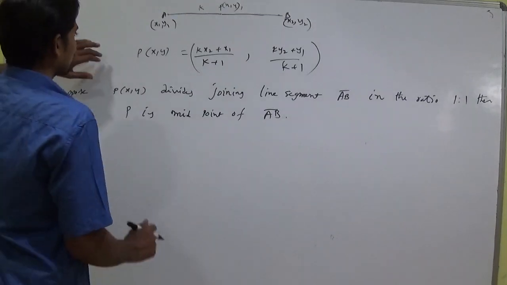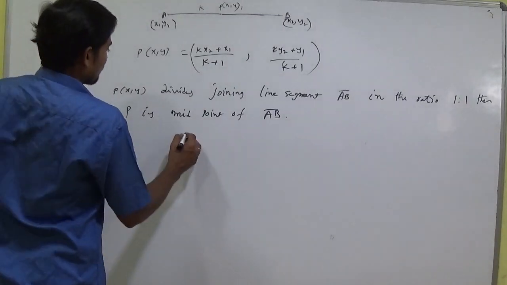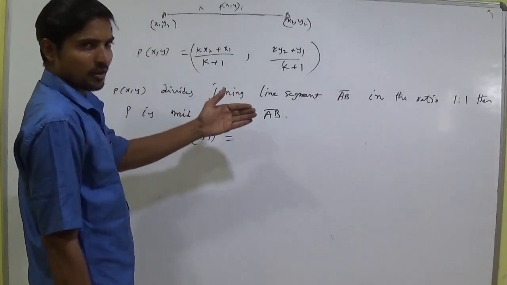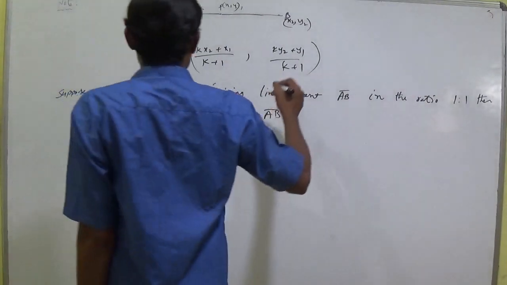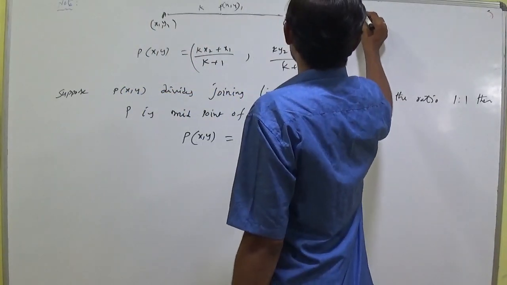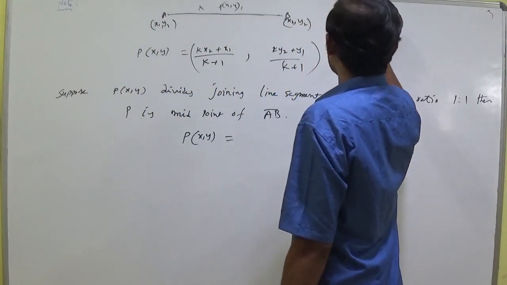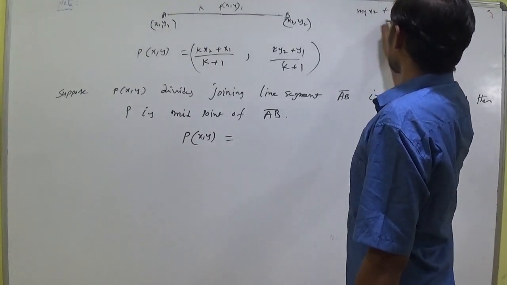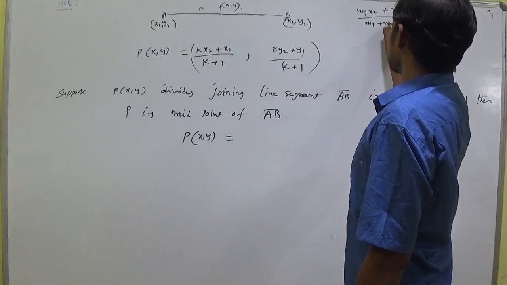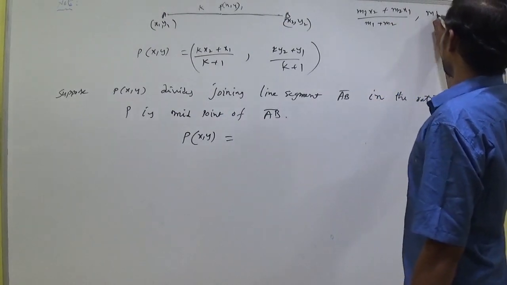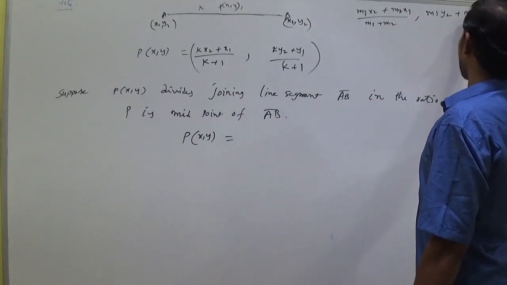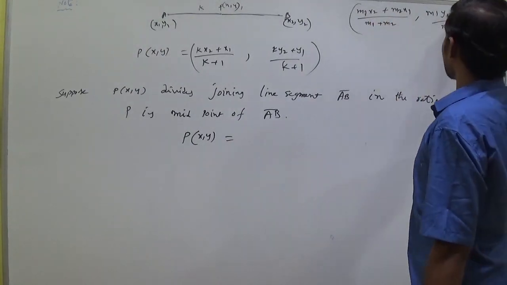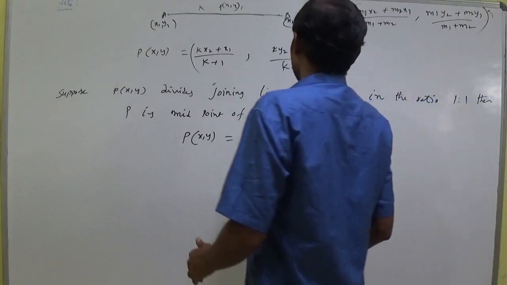So coordinates of P equal to Px comma y. Let us derive. We have the section formula: m1x2 plus m2x1 by m1 plus m2, m1y2 plus m2y1 by m1 plus m2. Apply that.